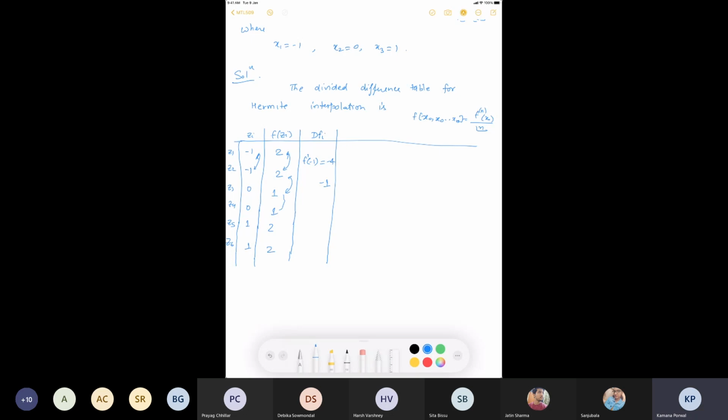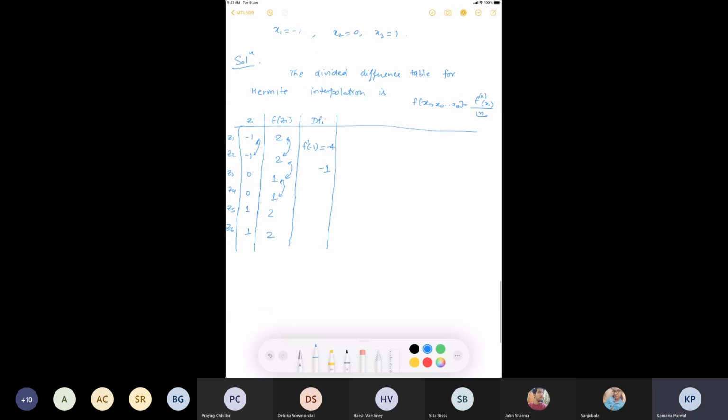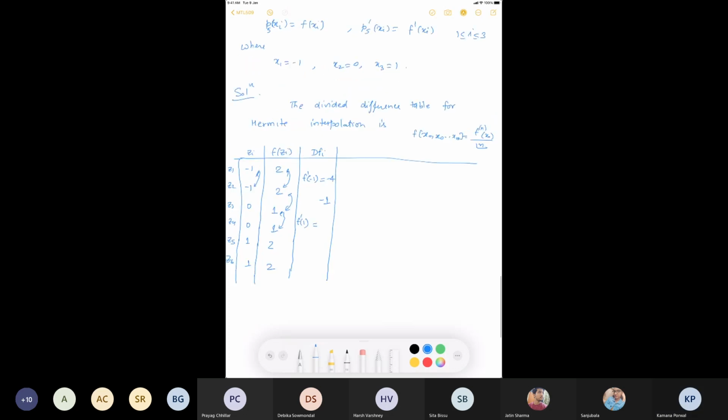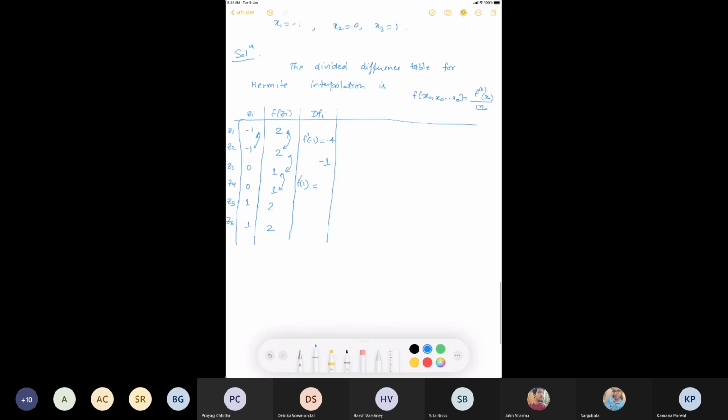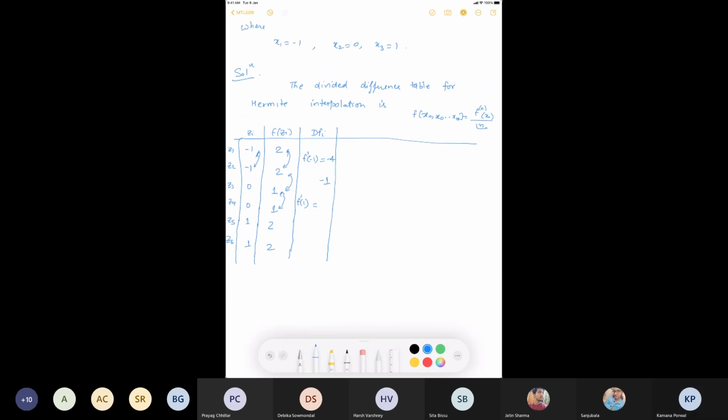And for these two entries, because they coincide again, I will apply the Hermite-Genocchi formula, which gives f prime evaluated at, sorry, 0, because the node is 0 here.